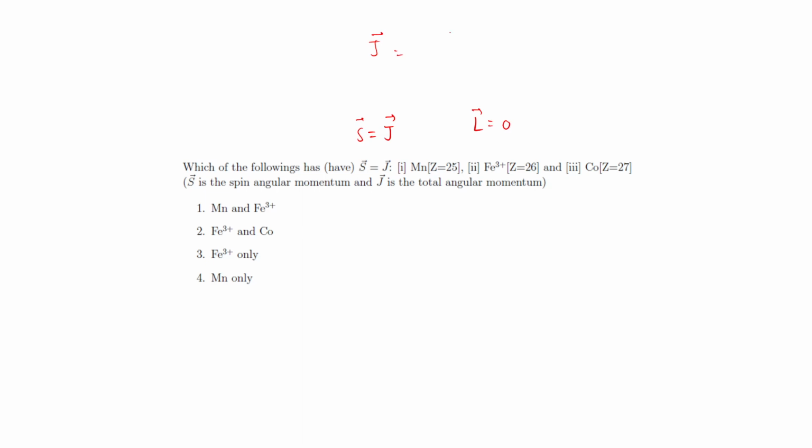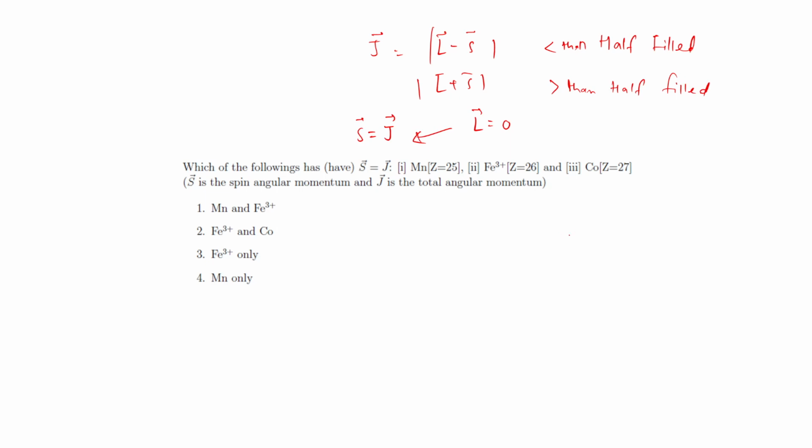So J is equal to L minus S if it is less than half filled, and L plus S if more than half filled. So if L equals 0, then only we will have J equal to S.